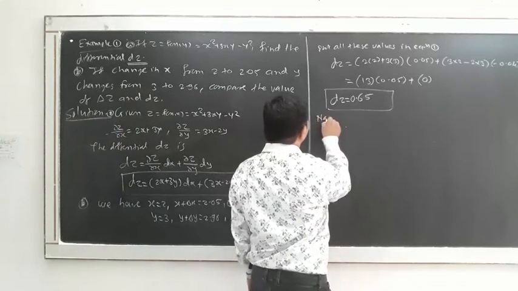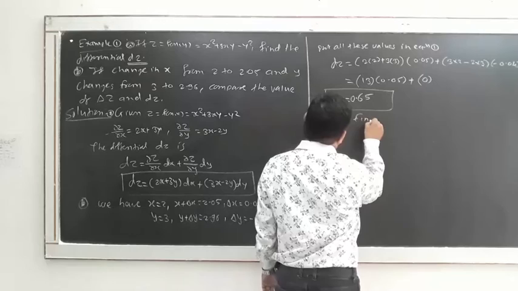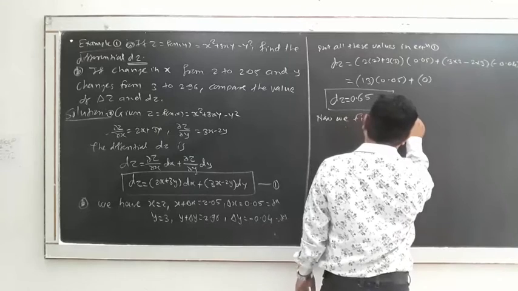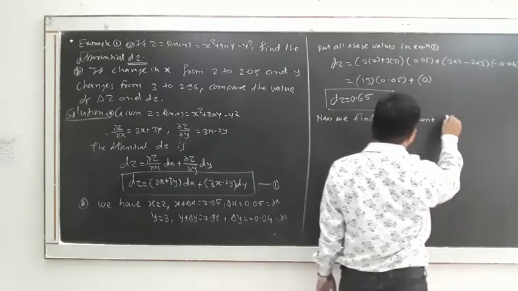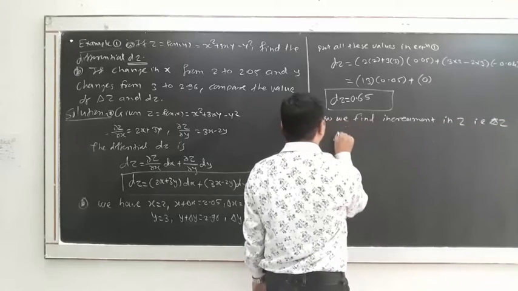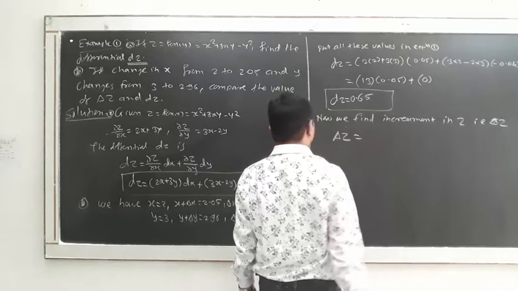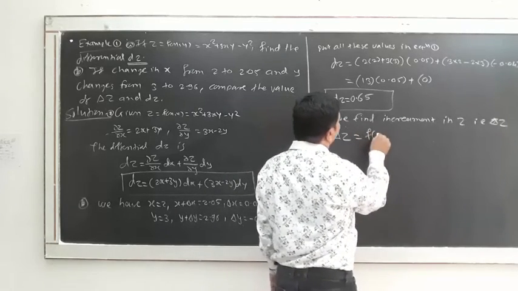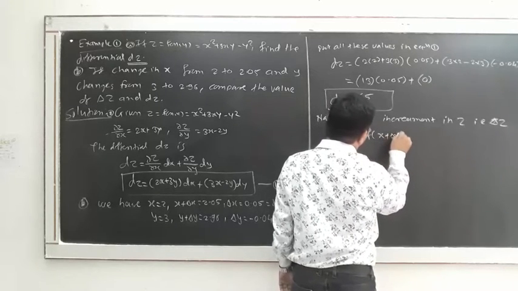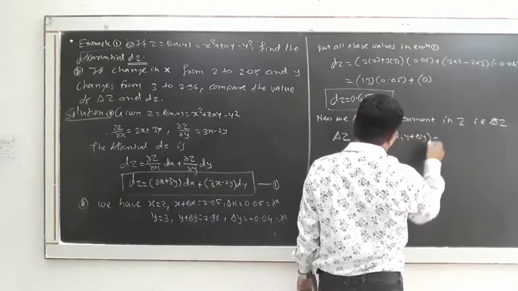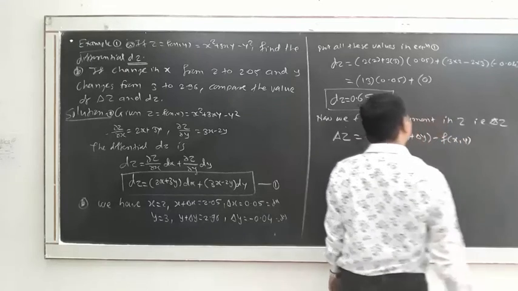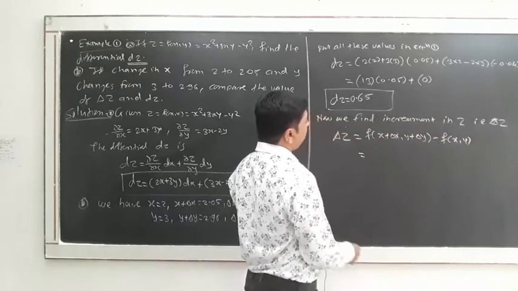So delta z is equal to, by the definition, f of x plus delta x, y plus delta y, minus f of x, y.